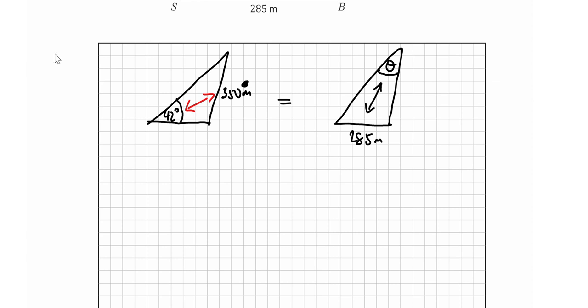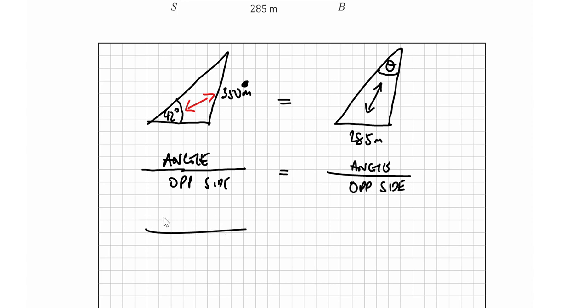Now, your tip is this. In your log tables, you go to your log tables there, and I think it tells you the formula. But we want to find the angle, so we're going to put the angle on top. So it's angle over opposite side is equal to angle over opposite side.